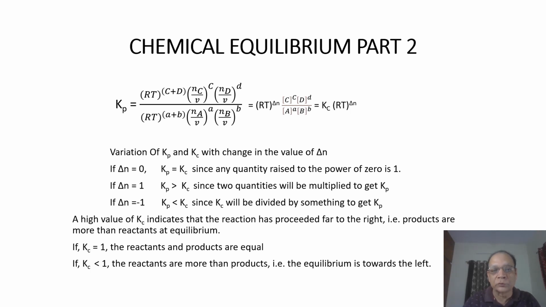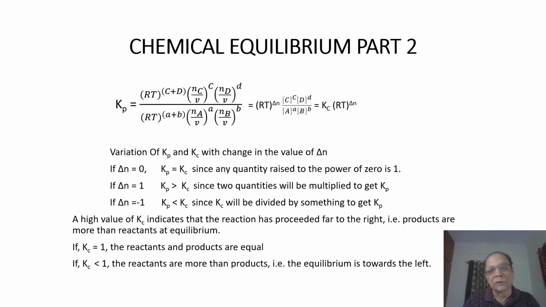Now let's see how the values of Kp and Kc vary with change in the value of del n, the change in number of moles. Change in number of moles can be zero. Moles on either side of the equal sign or reversible sign can be equal.